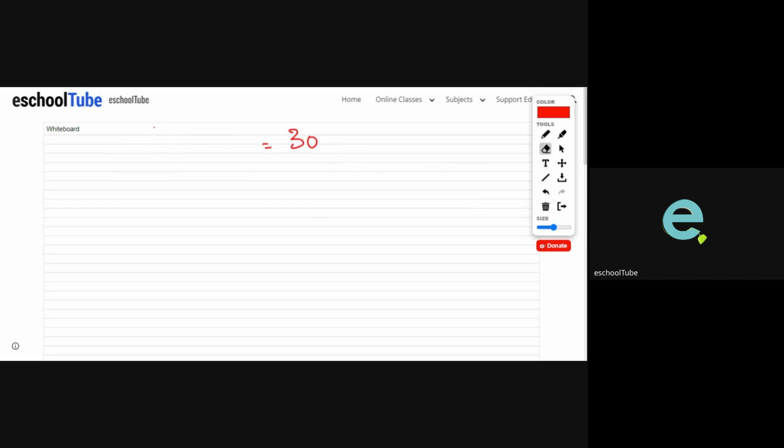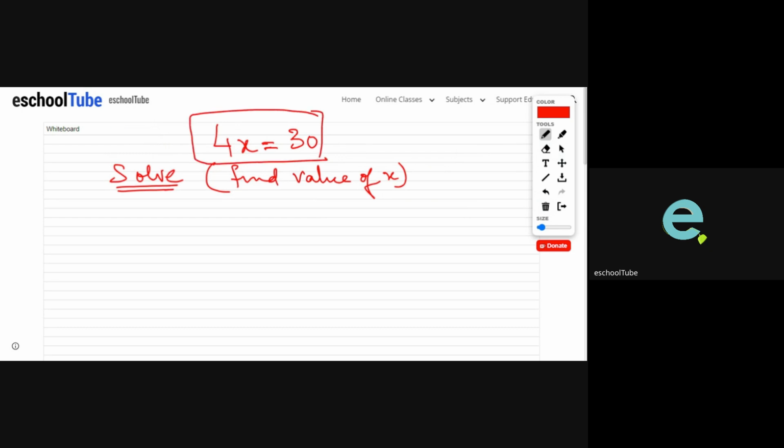Suppose the equation is 4x is equal to 30. Now, when I say solve the equation, that means what? Solve means we have to find the value of x.